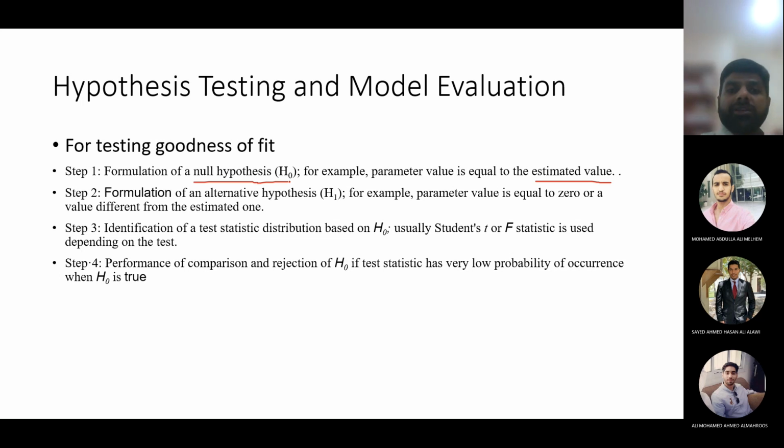Similarly, we have a T distribution as well as an F distribution. So you calculate for your model or for your parameter a T value or an F value, and then you check its probability from the standard distribution. So we have a standard T distribution and a standard F distribution as well.